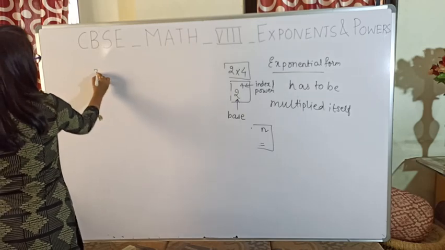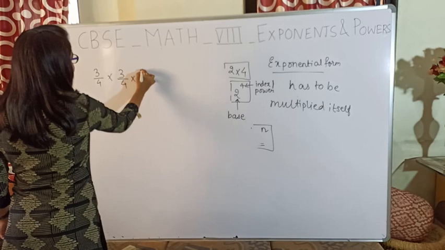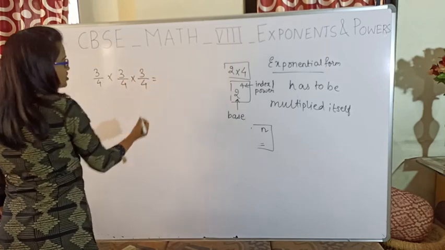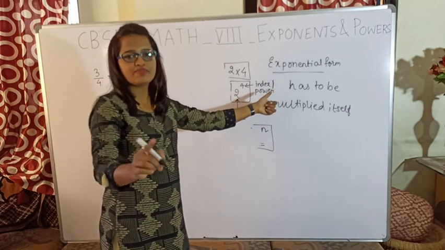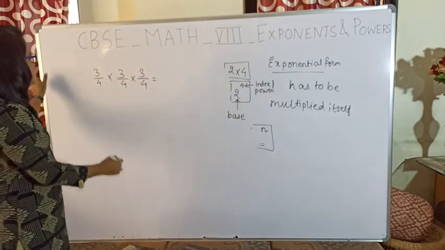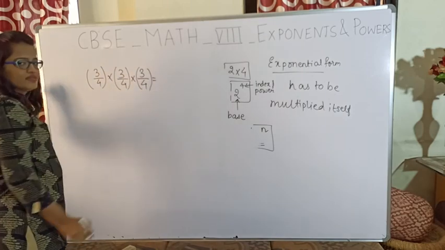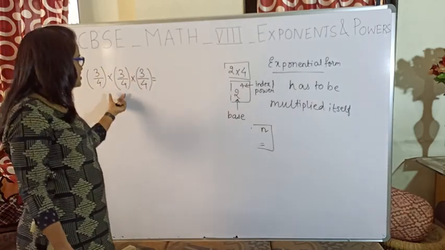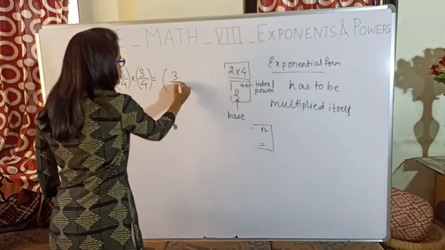Suppose I am taking the rational number 3/4 and it is being multiplied with itself 3 times. The condition for writing any number in an exponential form is that the number has to be multiplied with itself. So definitely now this complete number is my a. Yes, so the condition is met: 3/4 is being multiplied with itself. So definitely I can write it in exponential form.